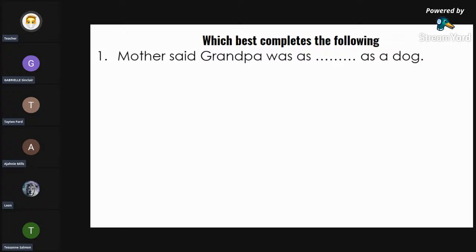As what as a dog? Anybody else? As sick as a dog. Mother said grandpa was as sick as a dog. That one is correct. So as sick as a dog.